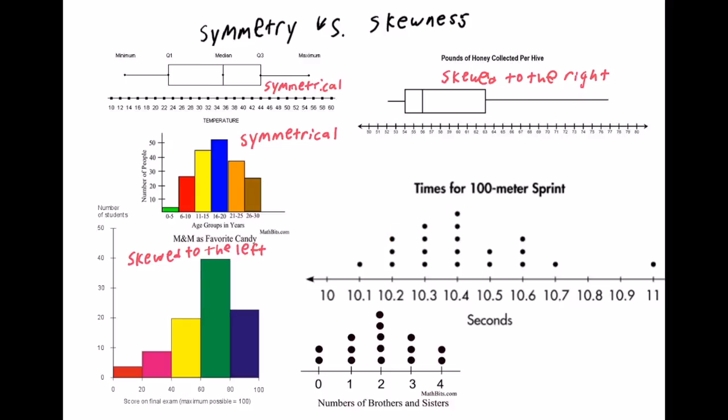Okay? Next, let's look at this dot plot here. So this one's going up nicely, and then all of a sudden on the right, it's kind of a bit more all over the place, with some data points that are far away pulling the mean to one side.